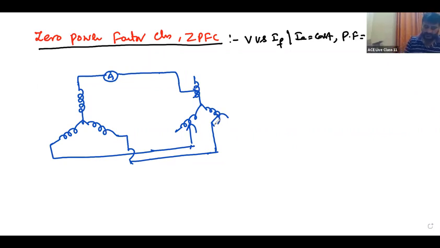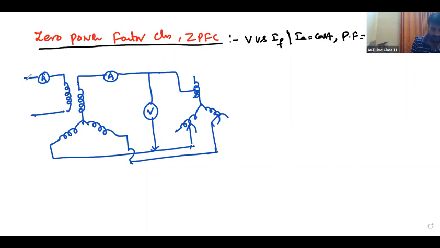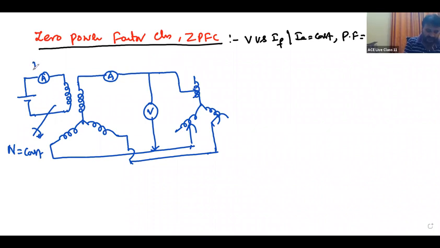The voltmeter. Here, speed is kept constant, N is constant. This is IF, the field current. IA has to be kept constant.